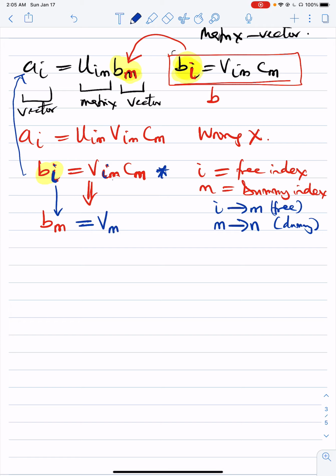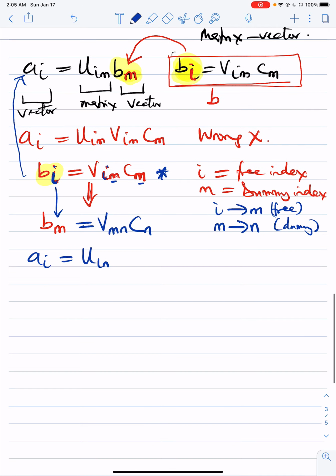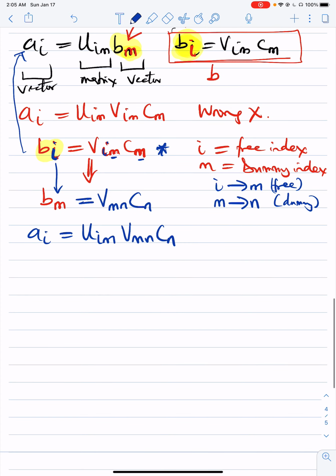Then this m, we've changed it to n, so it becomes V_mn C_n. Therefore, the right expression after substitution will be U_im V_mn C_n. You understand? So basically, this is the right expression after substituting. I hope this makes sense.